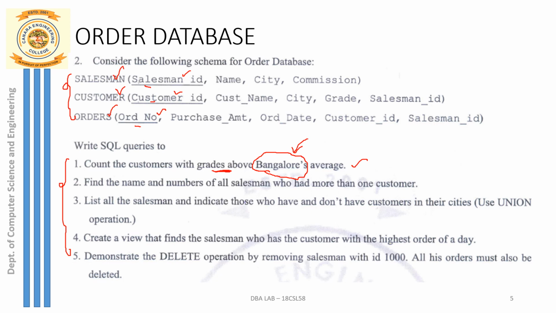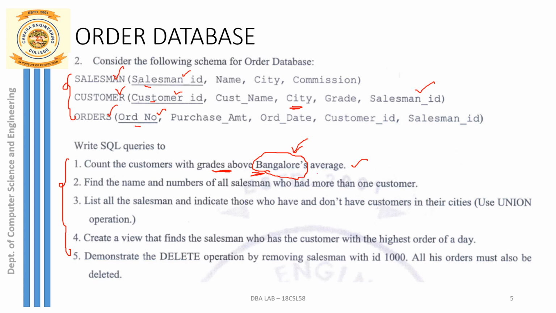So let's just see here, we have the customer table where we have one of the attributes called city, which tells about the customers who belong to different cities. So let us insert at least a few city values as Bangalore, so that we can get the answer for customers.